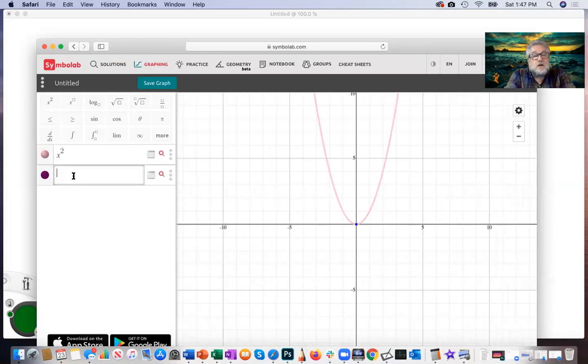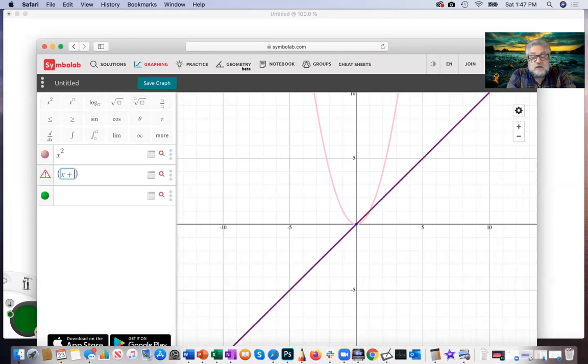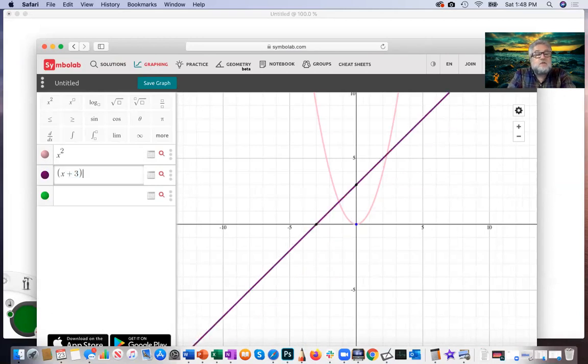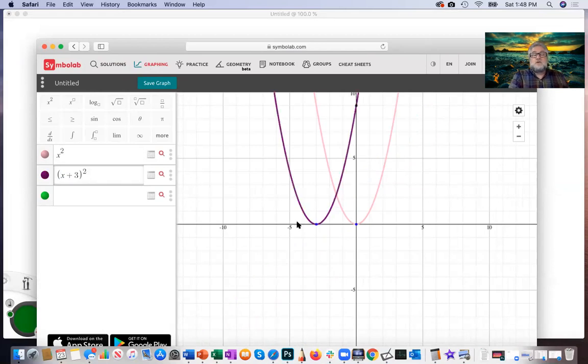And over here, I am going to put in x plus 3, and go to the outside of the parentheses and put my square. Oh, look at that. The pink one, y equals x squared, is centered right at 0, 0. But this one has been shifted over negative. It's been shifted 3 units to the negative direction. Huh, that's interesting.